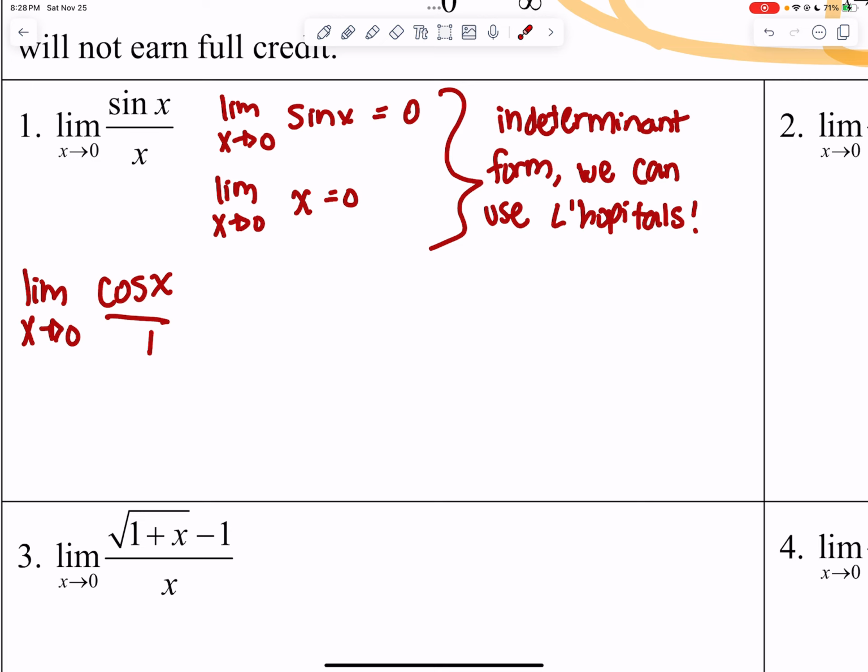Here, if I were to use direct substitution with cosine and 1, obviously, the limit as x approaches 0 of cosine is going to be 1. So we get 1 over 1, which is just 1. Because this is not an indeterminate form, we are good. So your limit here is 1.